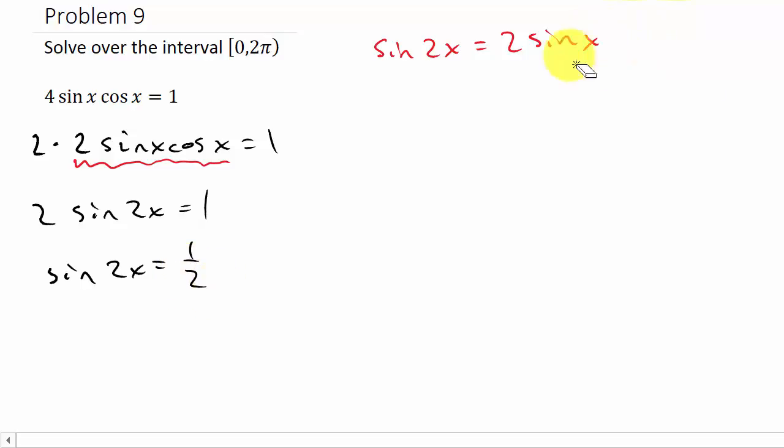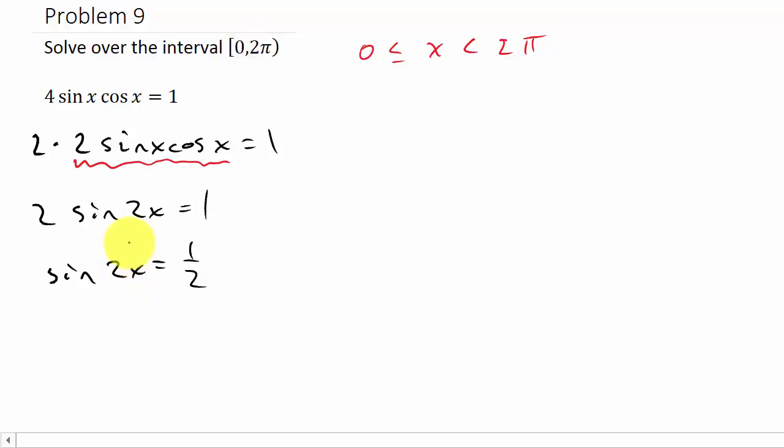Alright, so now we have sine is equal to 1/2, and we want to find all the solutions from 0 to 2 pi. But remember, this is for x between 0 and 2 pi.